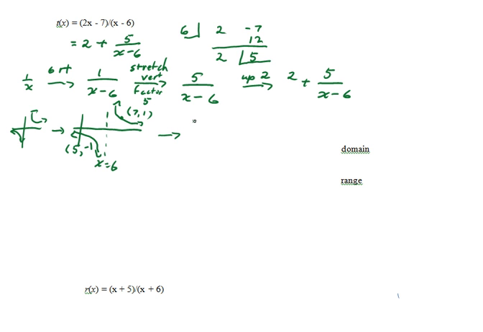When we do the vertical stretching, this time I'm going to change the scale, and you won't be able to see the vertical stretching very well. But the point 7, 1 will now be at 7, 5, and the point 5, -1 will now be at 5, -5.